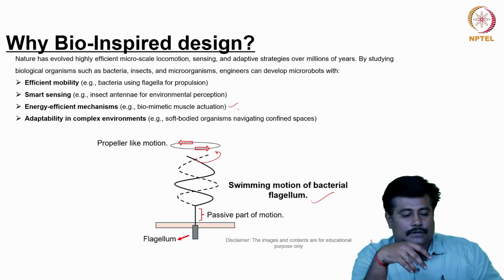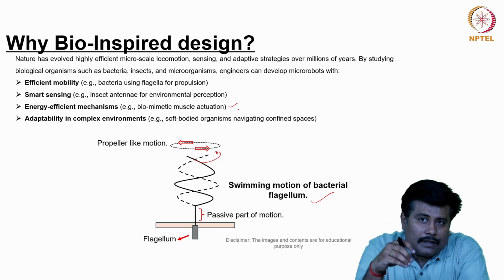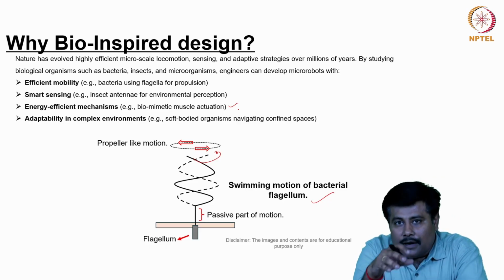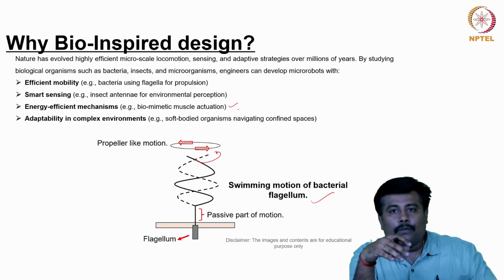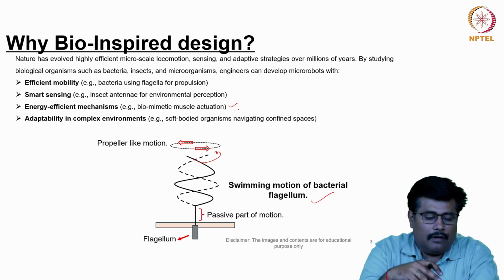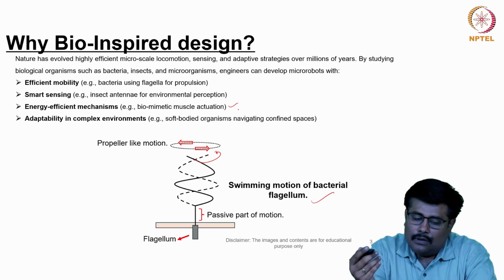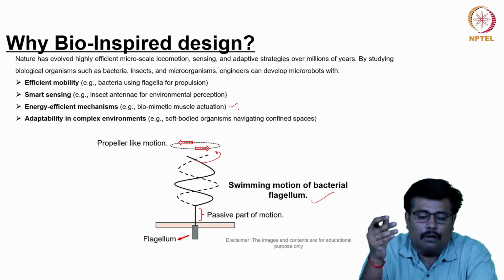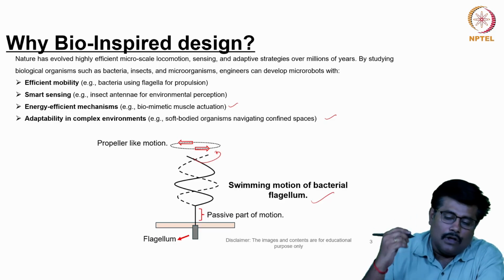So when we are designing or training the mechanism, we need to ensure that a certain amount of adaptability is employed, capable enough to cater to complex environments. Some soft-bodied organisms navigating confined spaces are examples of such bio-inspired design.